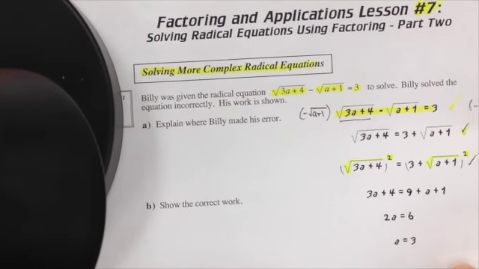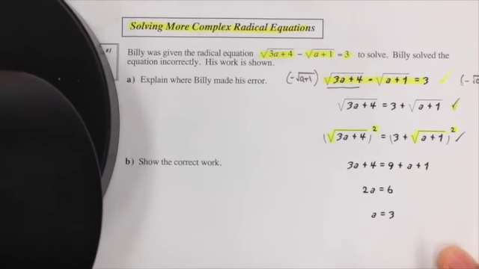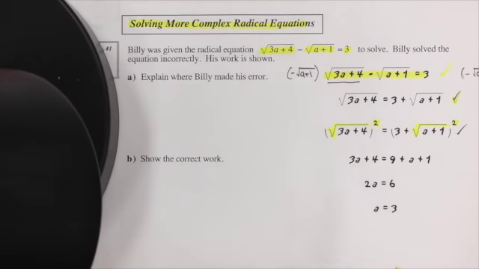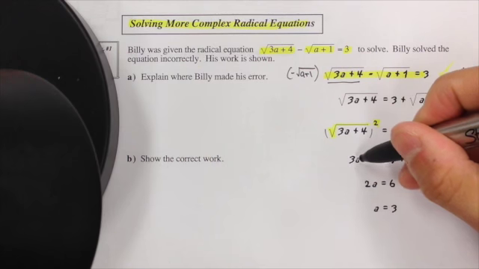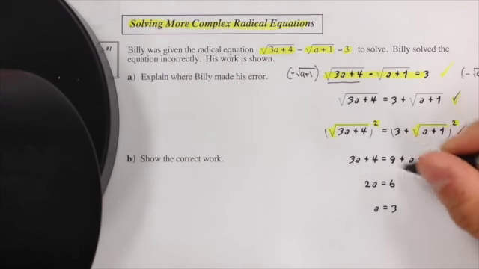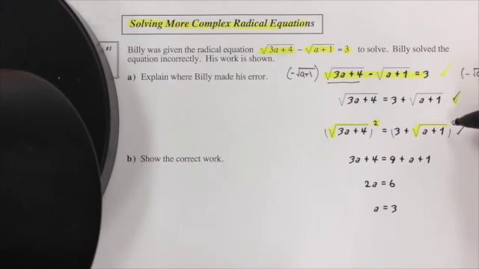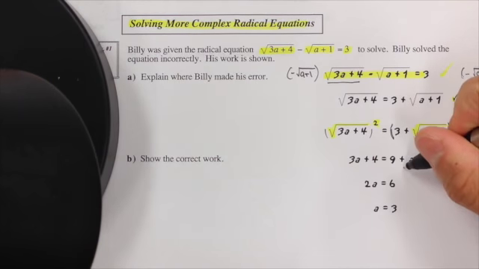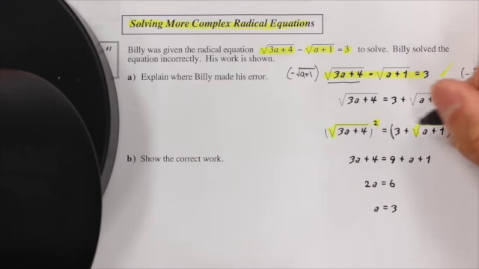Now let's see what happened. He got rid of the radical sign, and he's left with 3a plus 4, which is good. And he got rid of this radical sign, a plus 1. But when he squared it, this is where he made the mistake. If you're squaring this whole term here, he's forgetting the middle expression, right?